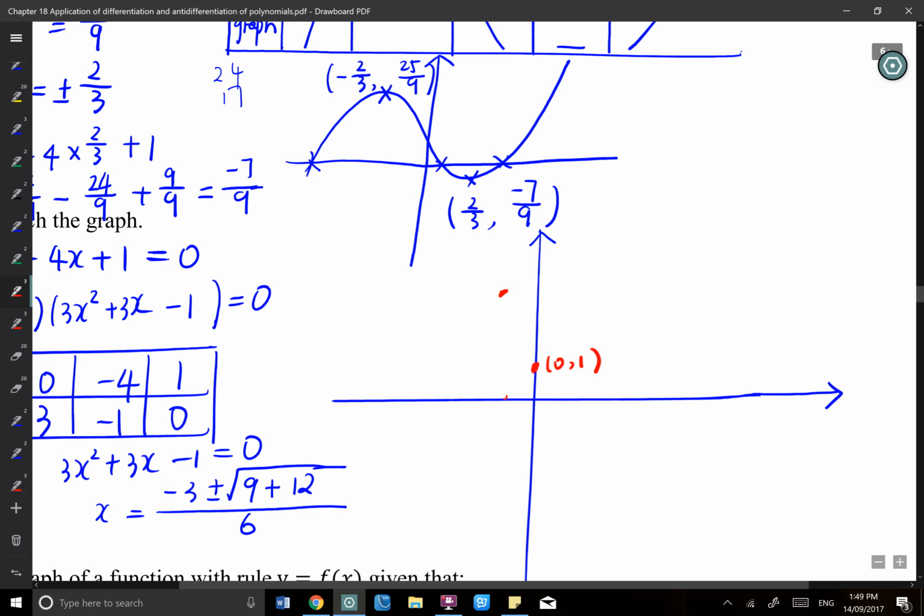It's about here. And the minimum one is quite symmetrical here. And then those 2 points are 25 over 9, and this point is 2/3, negative 7 over 9. For the x-intercept, I have 1, 0, which is here.